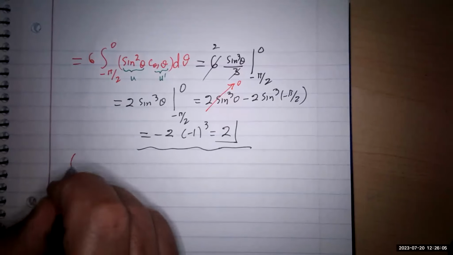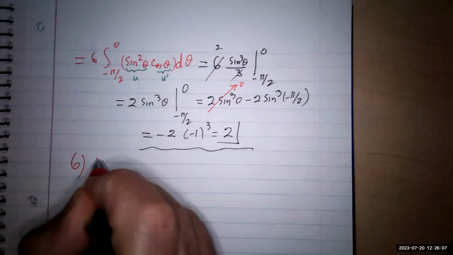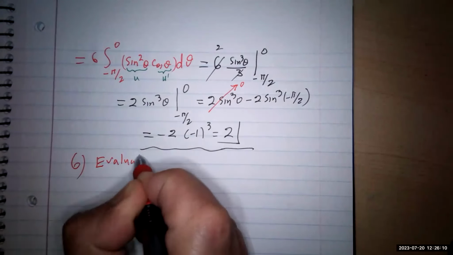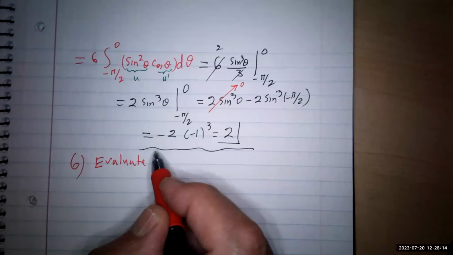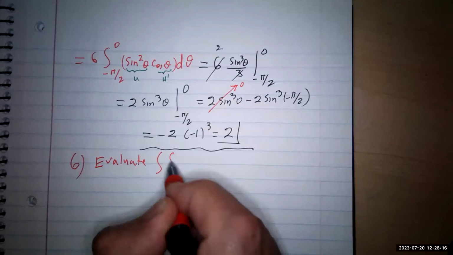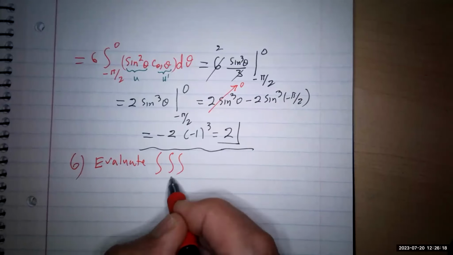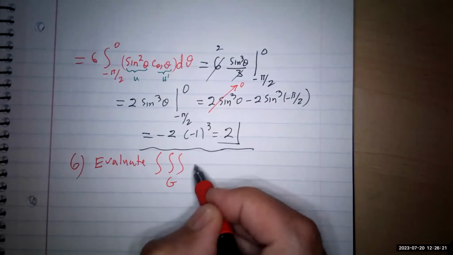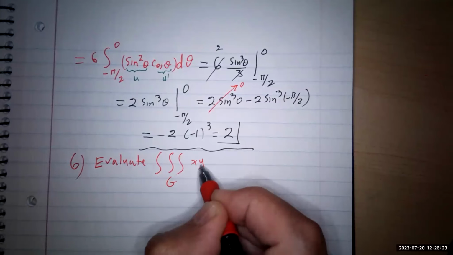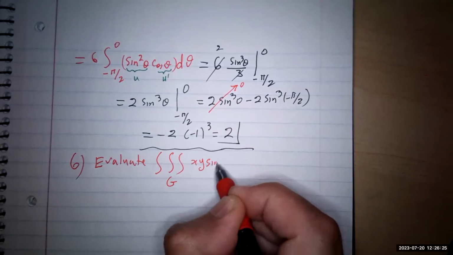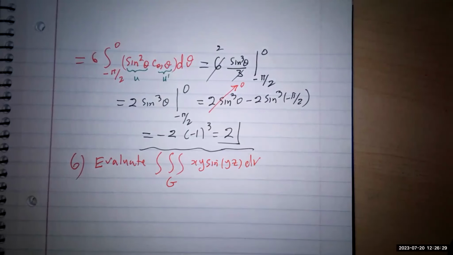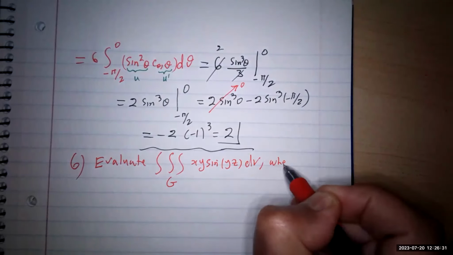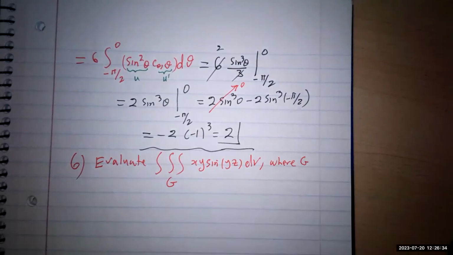So number 6, you just want to evaluate this integral, a simple triple integral on a rectangular format. Triple integral on the solid G, and you have xy sine of yz dV, where G is just a rectangular box.